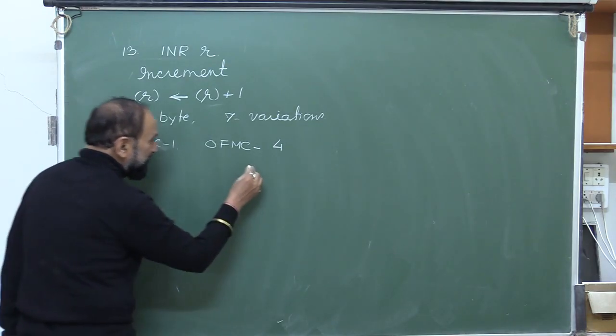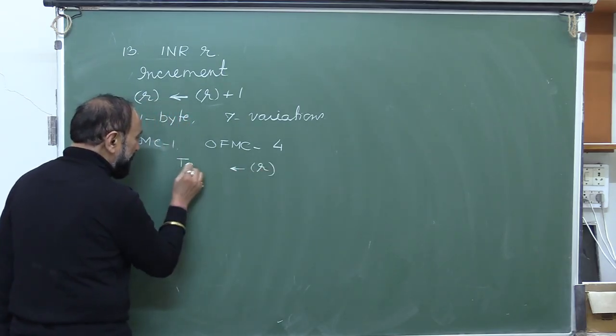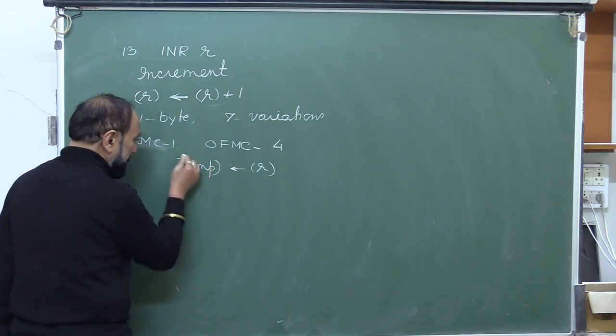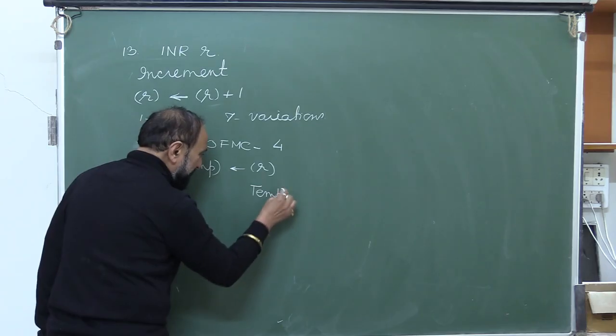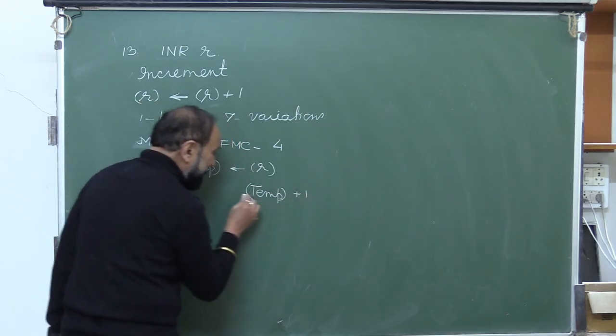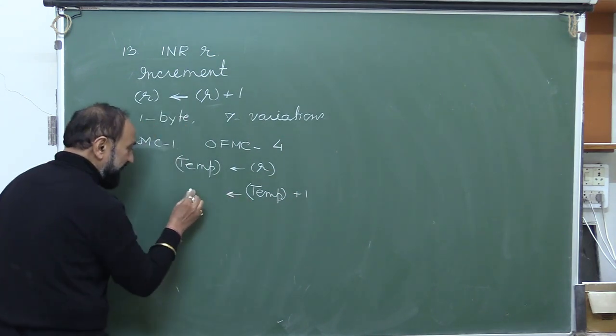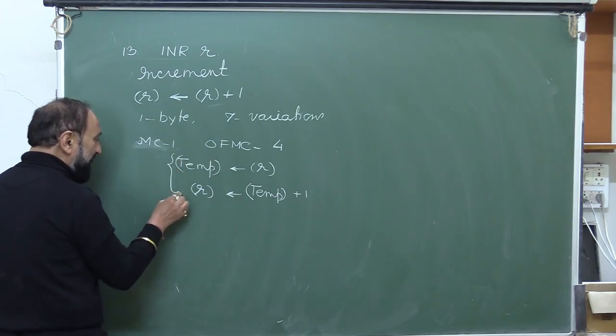First this register R is moved to the temporary register, and then this temporary register provides the operand to the ALU. Internally it is incremented by 1 and the result is stored back into register R.